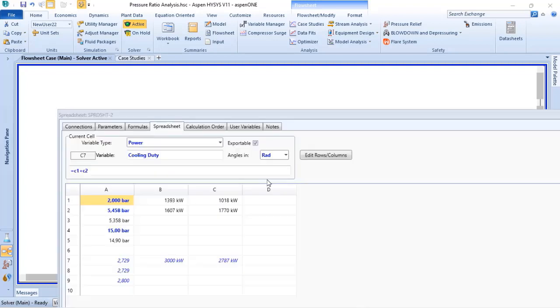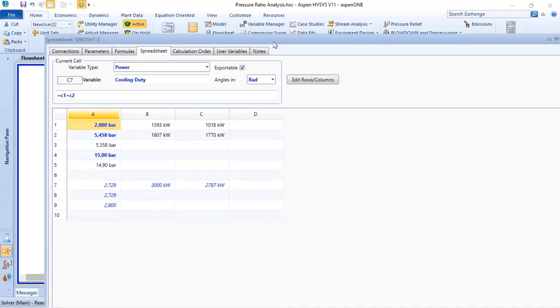If we go to the spreadsheet, you can verify that I have here the global pressure ratio, and that is very similar to the first stage pressure ratio, the same, and the second stage is a little bit different because of the pressure drop of the system, because of the air cooler pressure drop. I decided to keep it as it is because the difference is very small and will not interfere in the results.